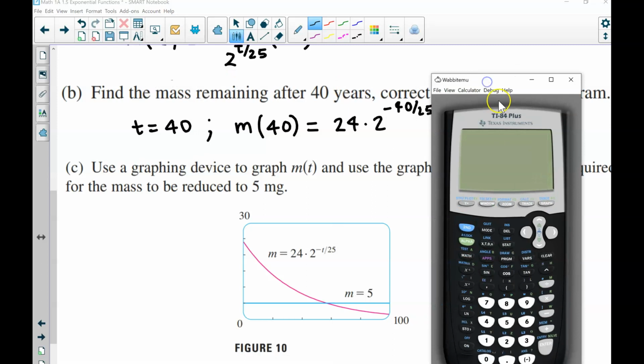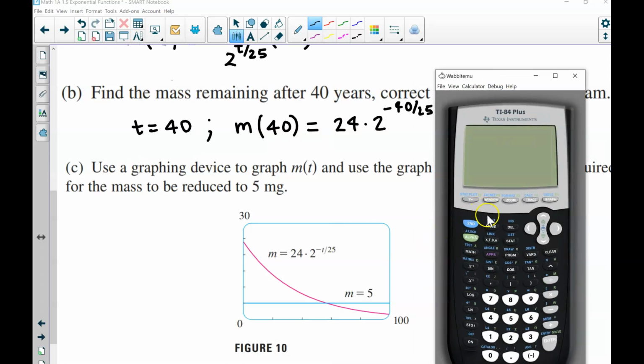Okay, so let's go ahead and put in the window of our view. So we have 0 and 100, and there's our scale. We have 0 and then 30.